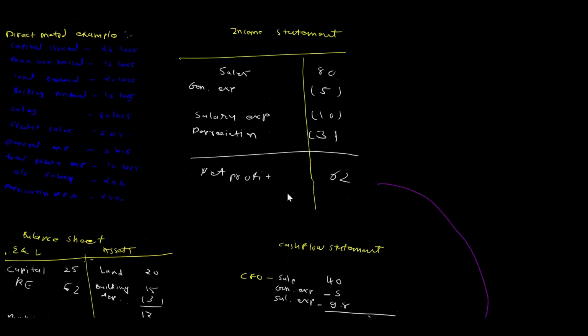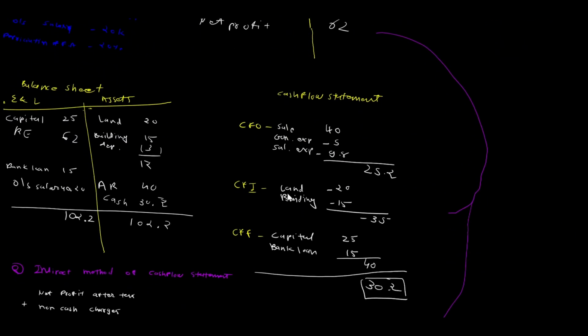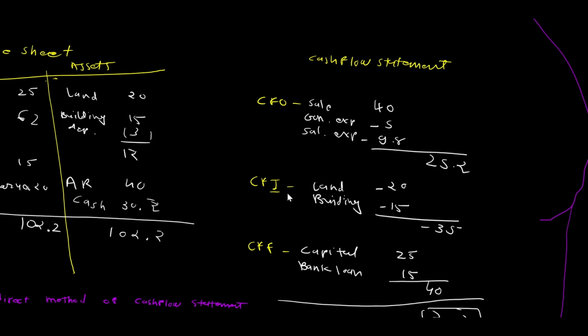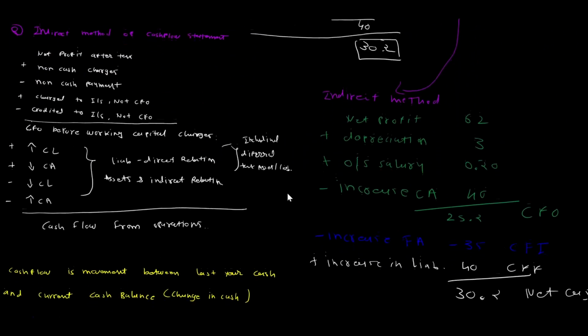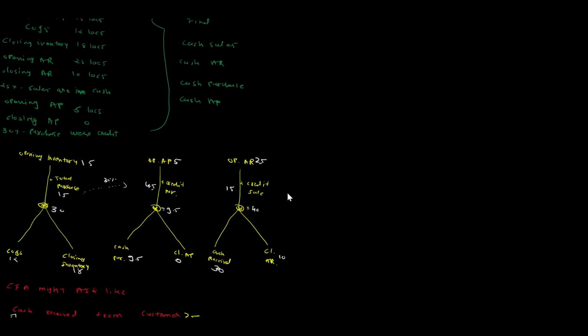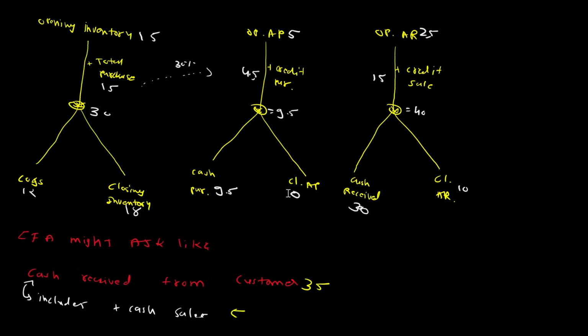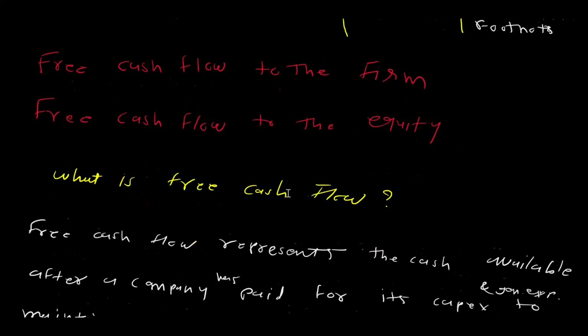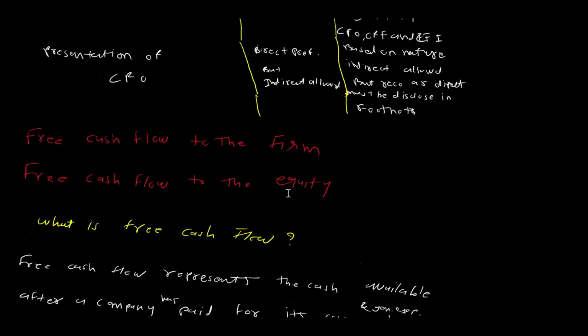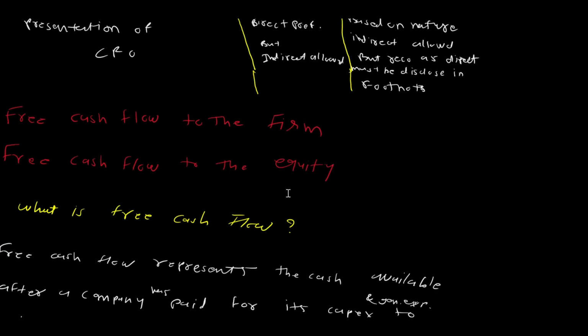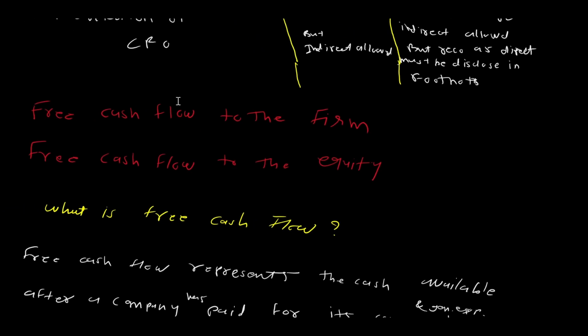To understand the indirect, if you know the direct method, it's okay. If you have not, please visit part 1 of this cash flow statement series. Okay. So let's talk about another thing called free cash flow.